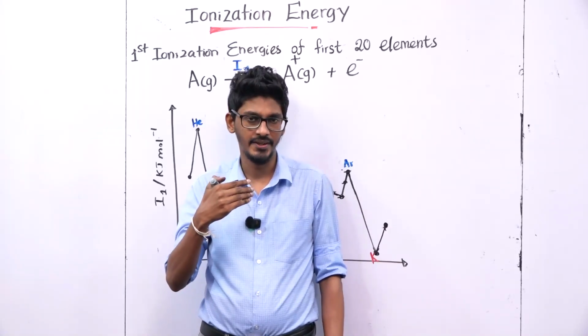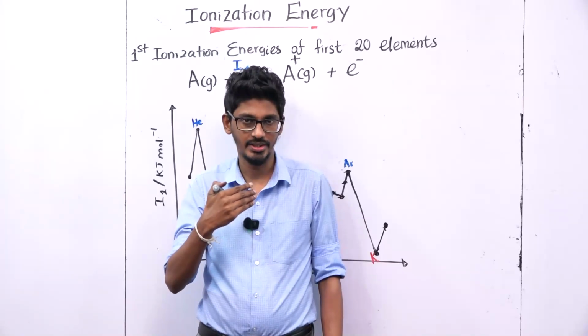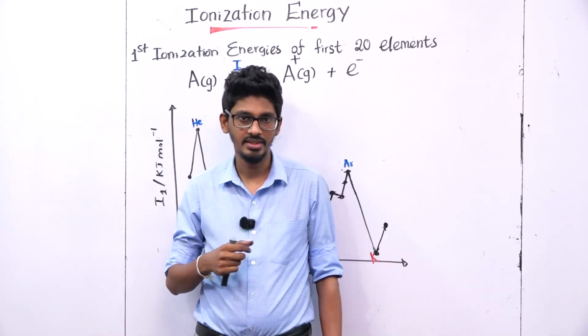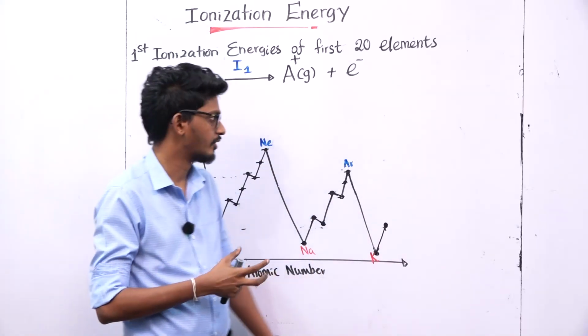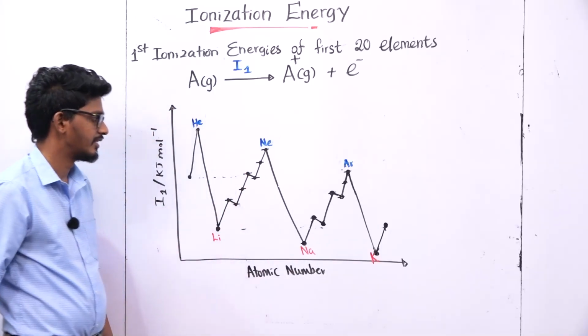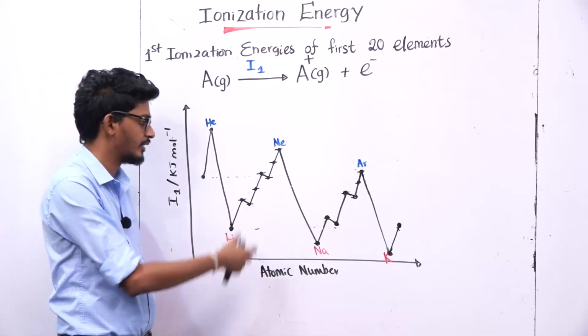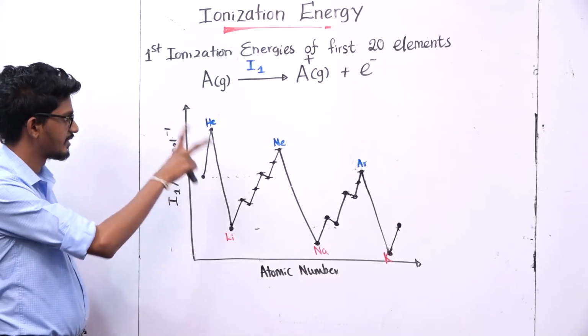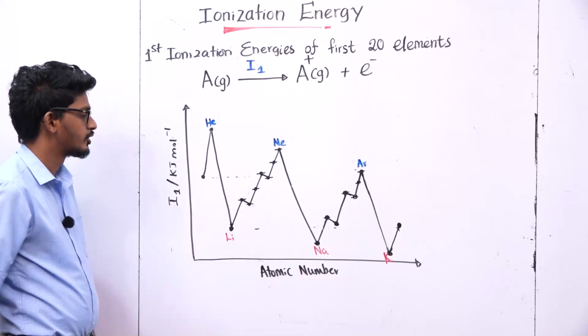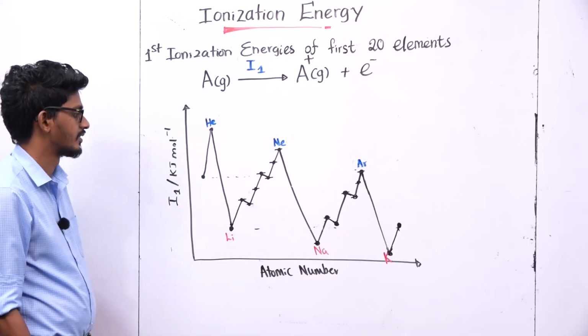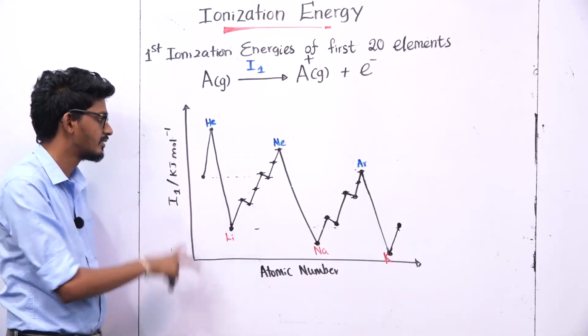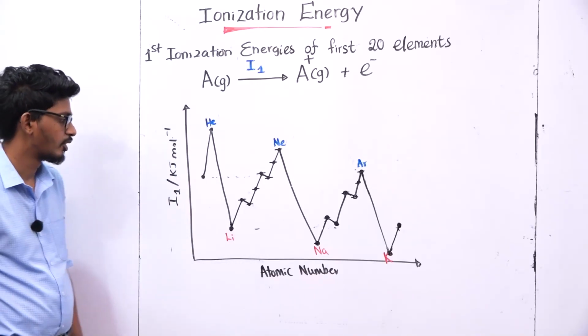Some very important things to be noted here. I have just drawn the diagram, which also appears in your tute. This is the ionization energy trend for the first 20 elements. Let's see what major things we can grab from here.